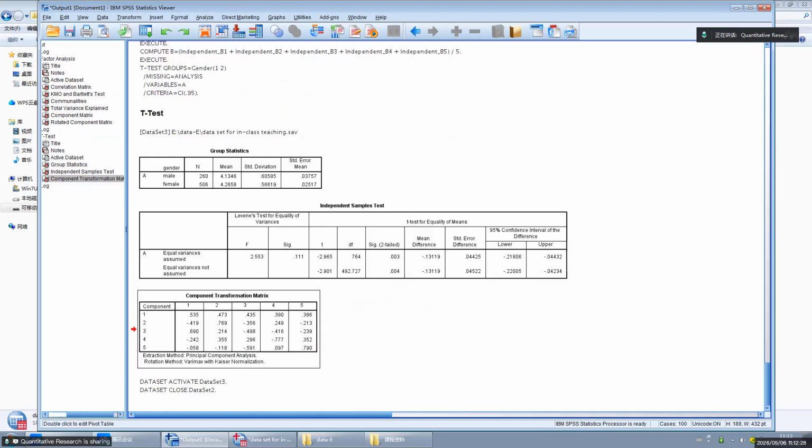If the first p-value is not significant, you go to the first row. Why? Because if the p-value is not significant, equal variance is assumed.